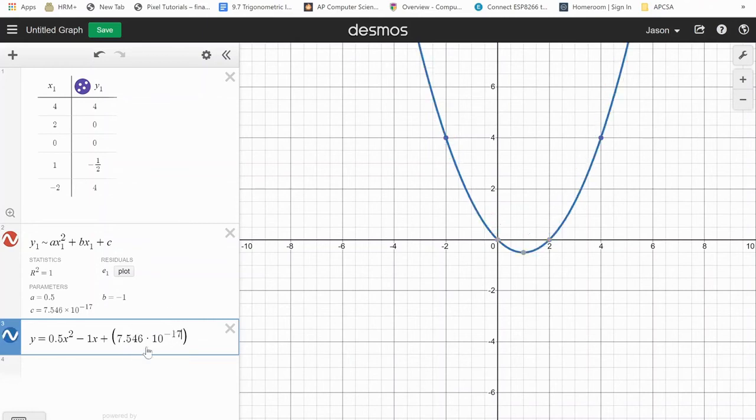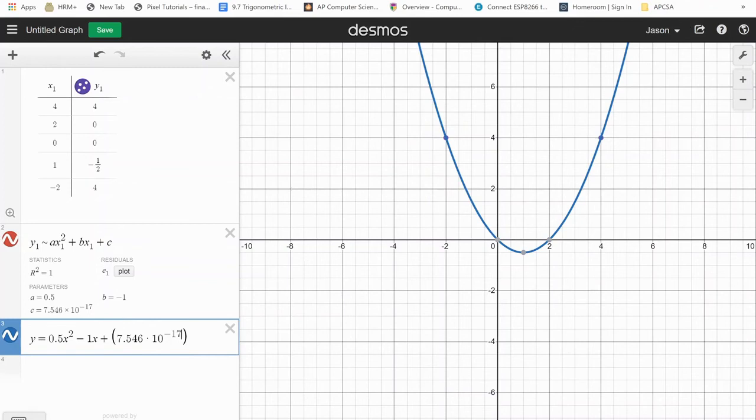Now that's a very small number, but you notice that if I just erase this right here, it looks like it's directly on top of it. That's pretty close. But this would technically be the right answer, 7.546 times 10 to the negative 17th power.